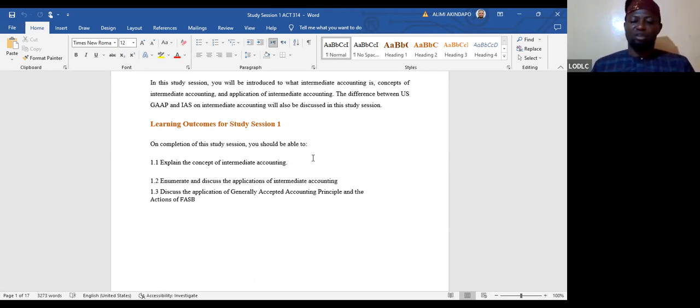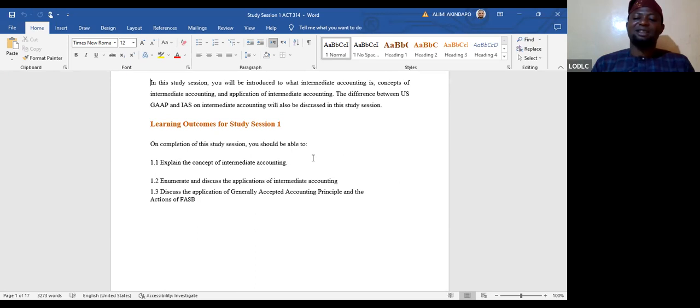If you look at these learning outcomes, you understand that the elements we find in learning outcomes are here. The first element that we discussed the other time is that it is student-centric.